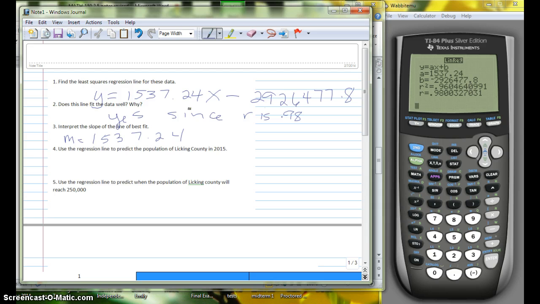Okay, number 4 says use the regression line to predict the population in 2015. So we're going to use our line and plug in 2015 for x: 1537.24 times 2015, minus 2926477.8. Okay, we can put this in our calculator.